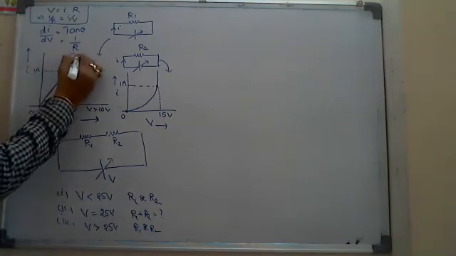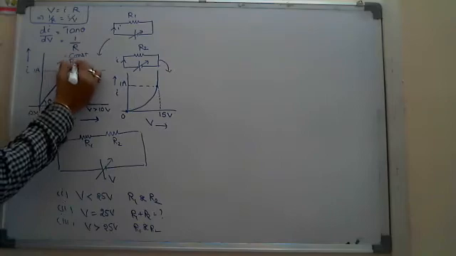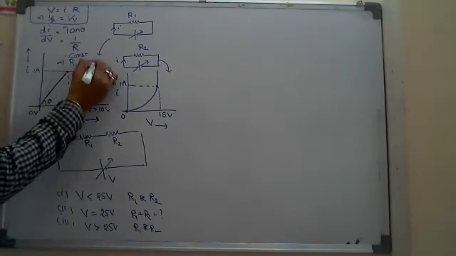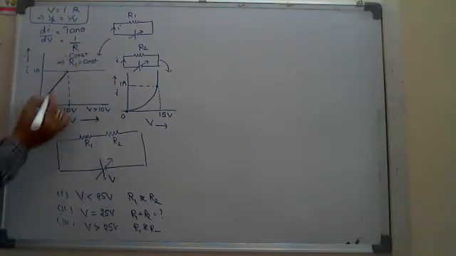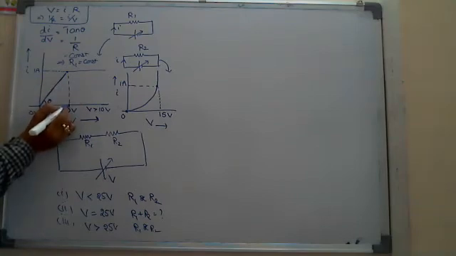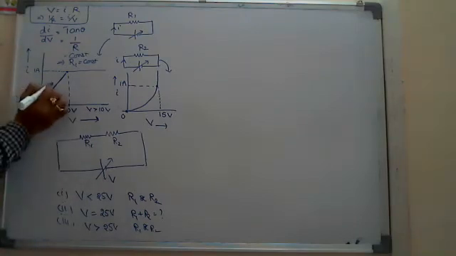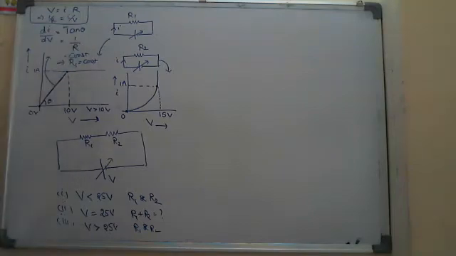So slope is constant means I can say R1 is equal to constant, till you increase the voltage up to 10 volts.